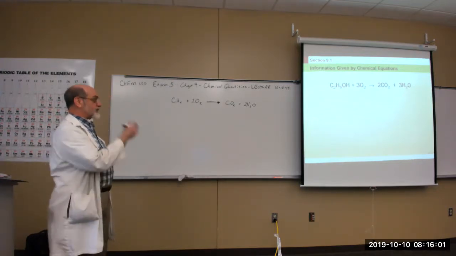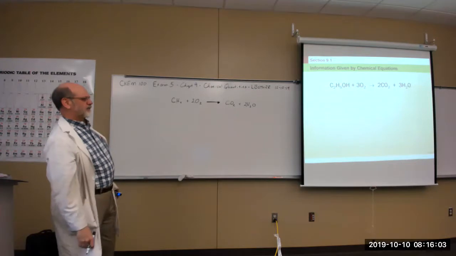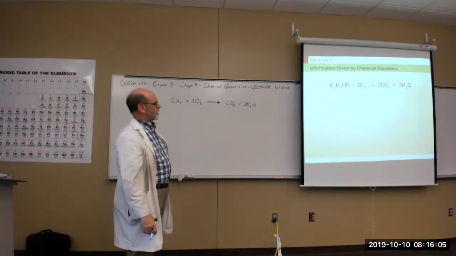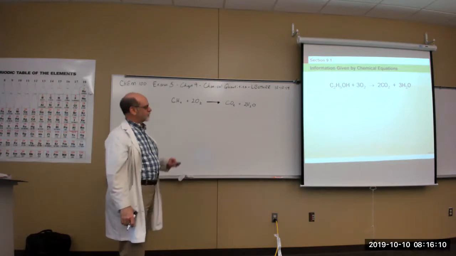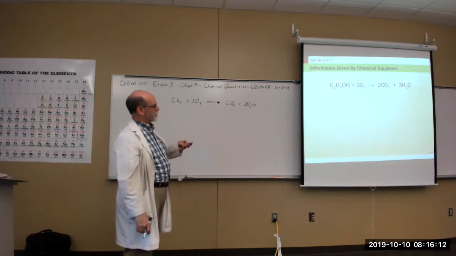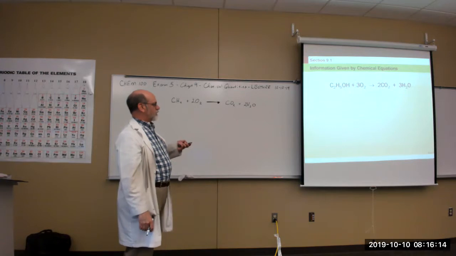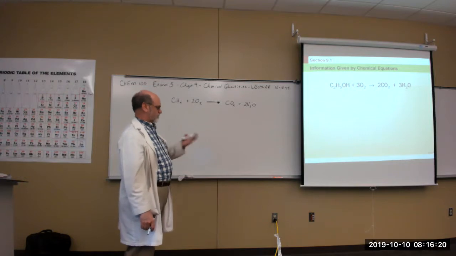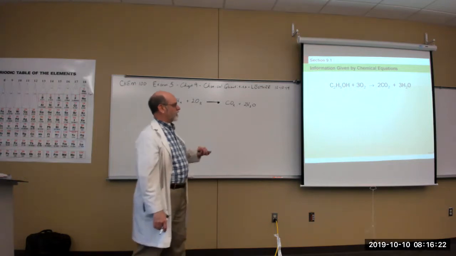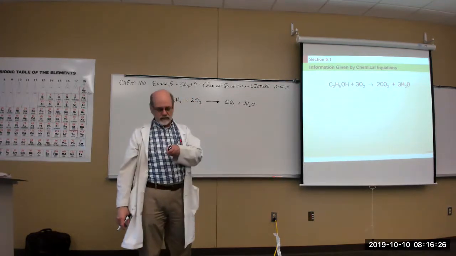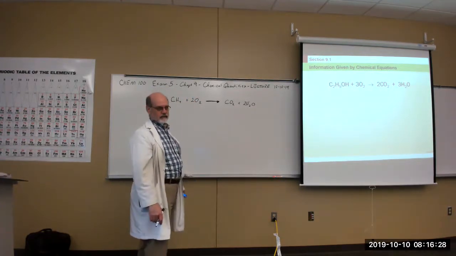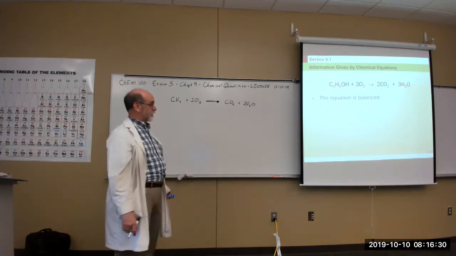Okay, so in this example, we're burning ethanol. That's what this compound is right here, ethanol. And whenever you burn a hydrocarbon or a carbohydrate, an organic compound, usually you end up with carbon dioxide and water. So you might notice that trend as we move along, looking at different possibilities.